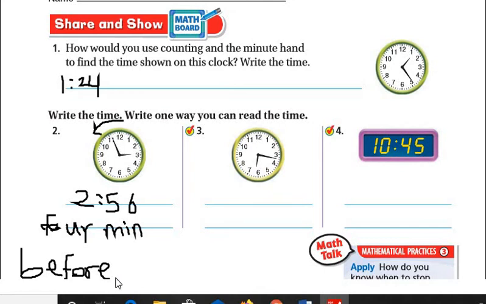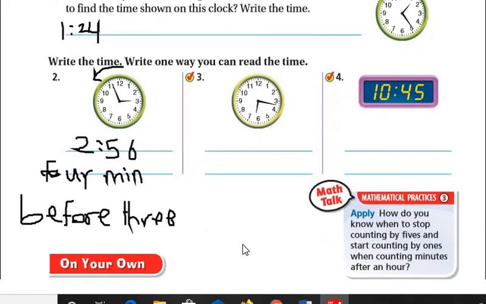So I'm sorry again. Before 3. As we said here, it's 6 and 17 minutes. So you can write 17 minutes after 6.